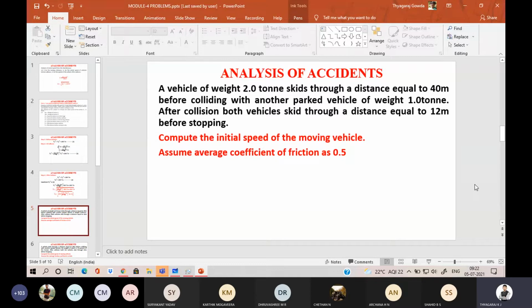Okay, type 1, that is a moving vehicle collides with the parked vehicle. So in this you are going to determine the initial speed of the moving vehicle. Compute the initial speed of the moving vehicle. So write it fast. We have to solve one more problem.